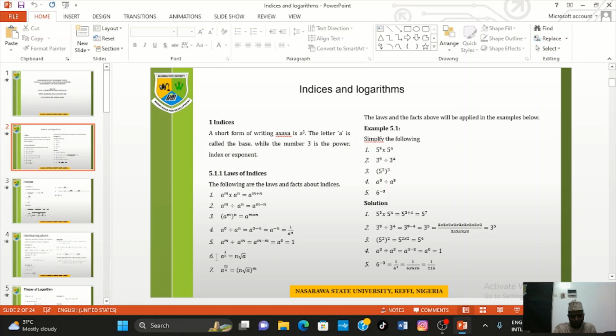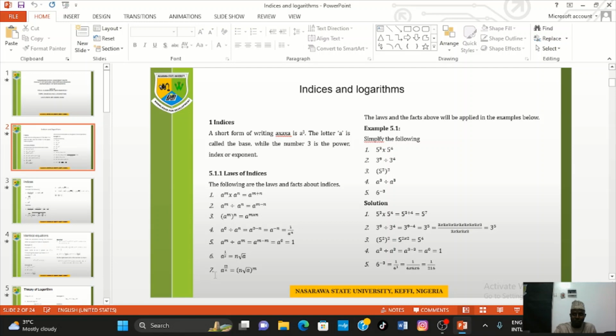Number 6: a raised to the power of 1 over n, because 1 over n can be written so, equals the nth root of a, where n can be any number.